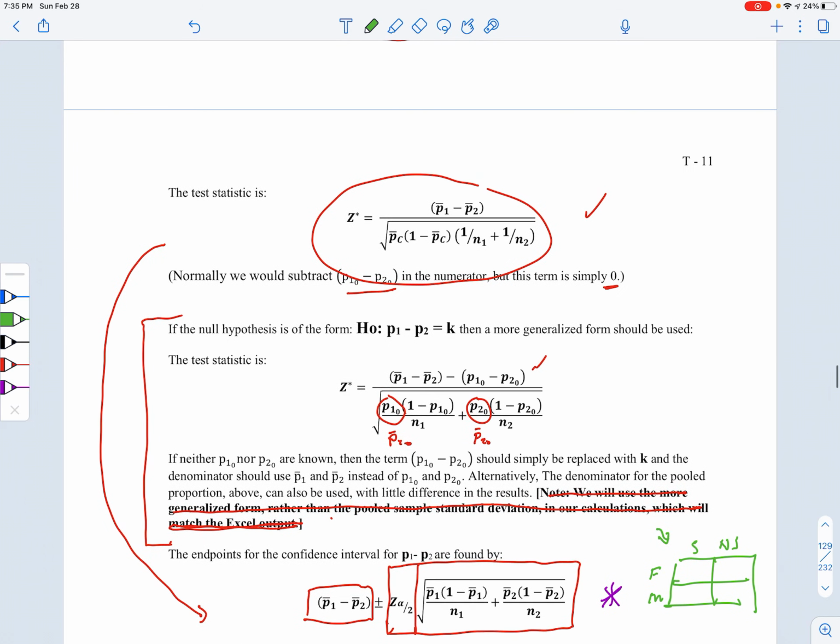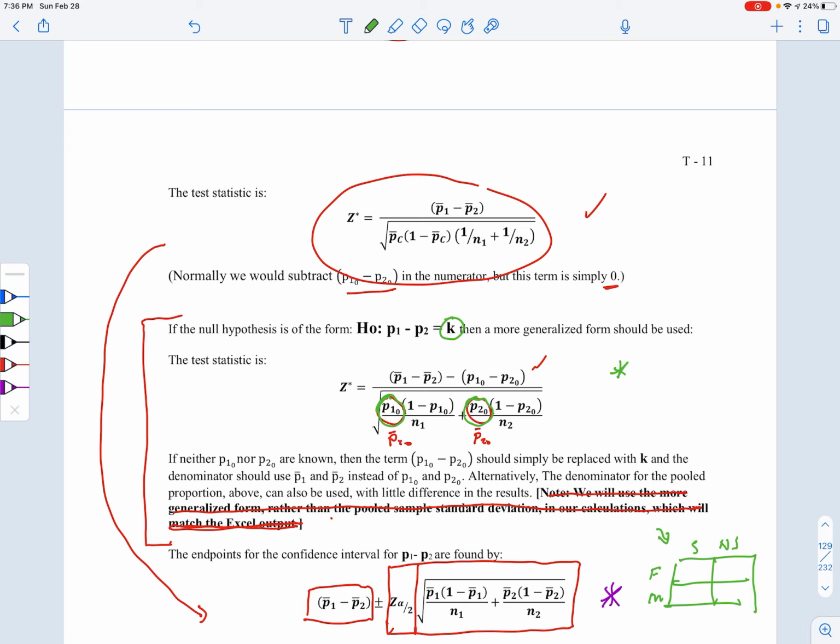However, if you are testing that the difference is equal to some other number, like k, so they're not equal, but that the difference is equal to some amount, that one proportion is, say, 5% more than the other, or if you have the hypothesized values of what the proportions are, or if it's a one-sided test, then this is actually better.